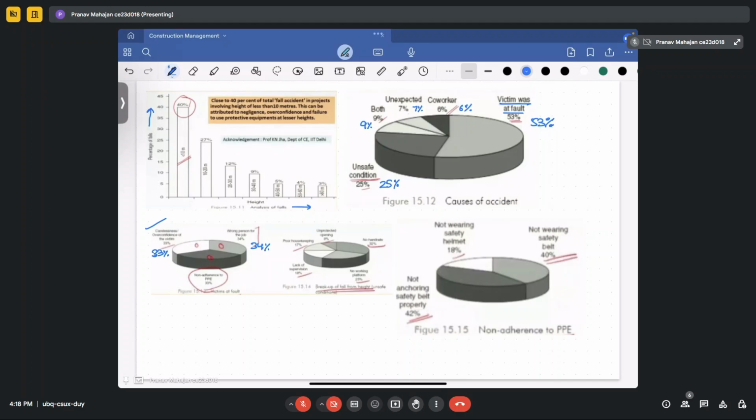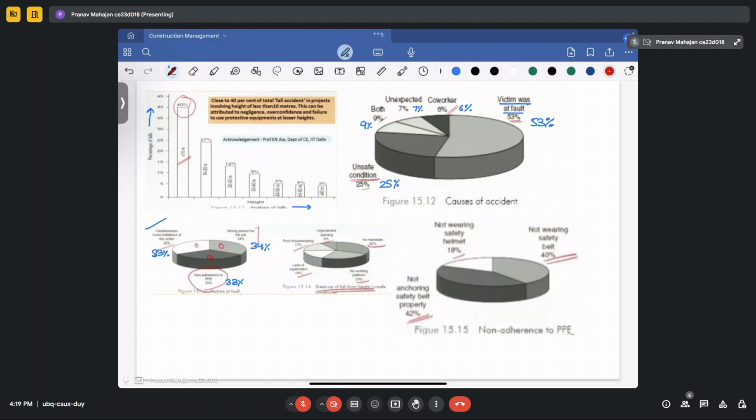Another is non-adherence to personal protection equipment, at 33%. So 33% for the negligence of the worker, 33% for not wearing the personal protection equipment, and 34% because of the wrong person employed for that particular job. So this is regarding the victims who are at fault.